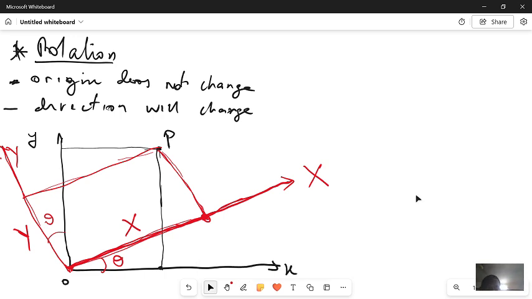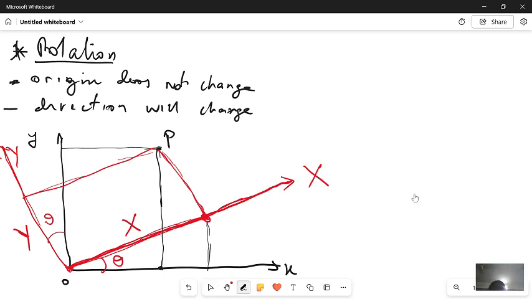Now, if we want to determine the value, I can have a projection from here to here, which is the same value.